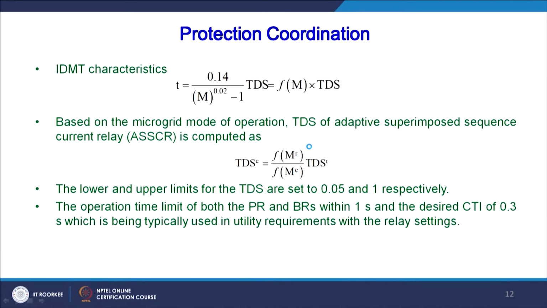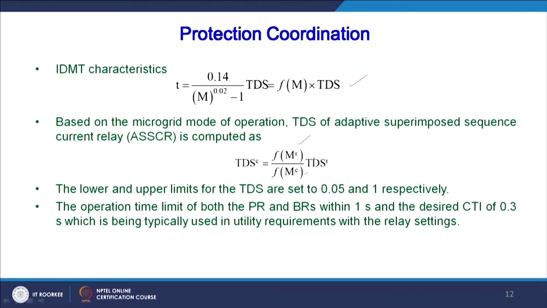Now, the same formula, the same concept we have developed here for the TDS. Here we have taken the revised TDS. The TDS will change as the mode of operation of the microgrid system changes, and that is what this FMR and FMC are, and this is the corresponding old TDS, and this one is the new TDS.